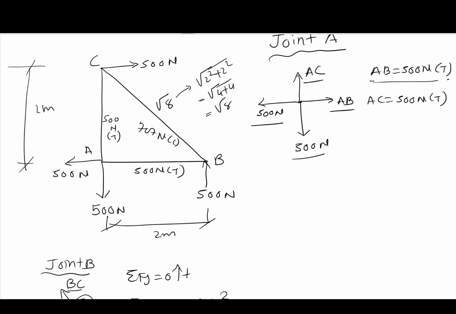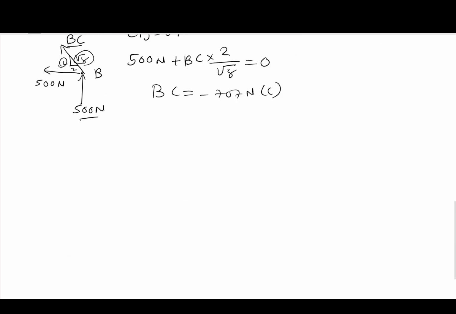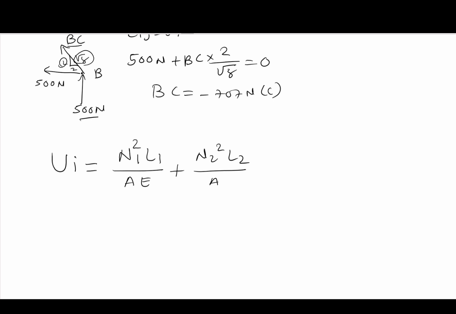Now we use the equation of the strain energy. Strain energy equals, since there are three members, N1 squared L1 over AE, where AE is a constant, plus N2 squared L2 over AE plus N3 squared L3 over AE.